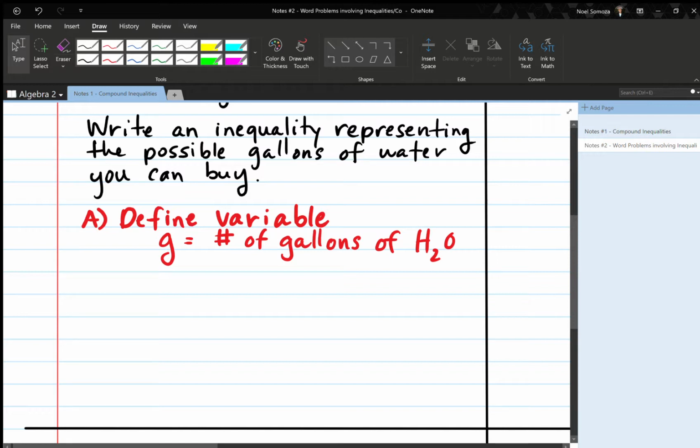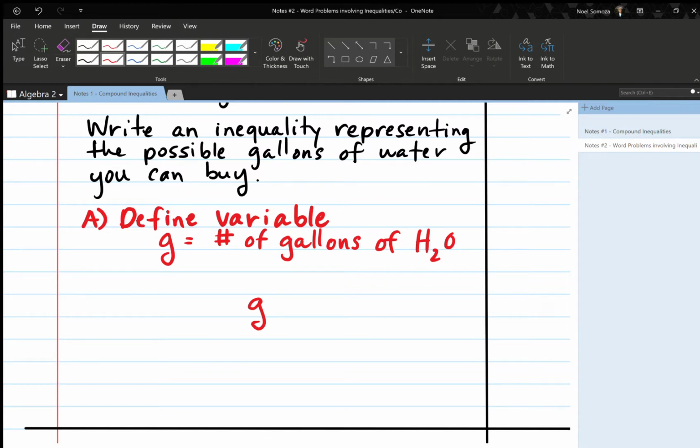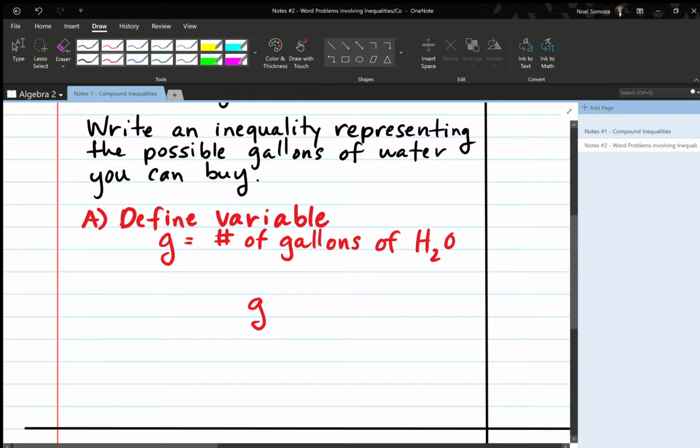So let's start with G here. G, the number of gallons of water. What was my max here? It's the maximum, I can't go past it. It was 8. Now, what do you think the relationship is between G and 8?